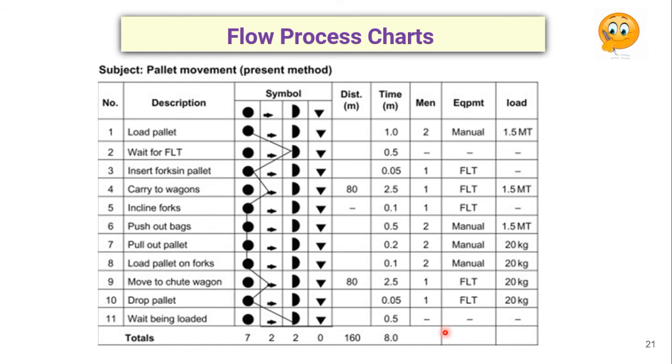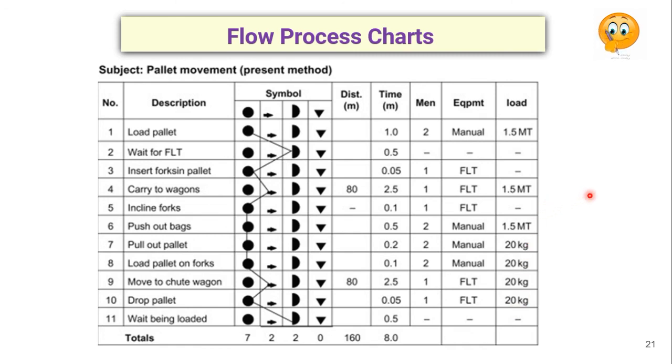So if you see, this is the operation, transportation, delay, storage. How many total operations are done? 7. Transportation done 2. Delays are 2. Total distance traveled 160 meters, and how much time is required? 8 minutes. Okay, so these are the flow process charts.